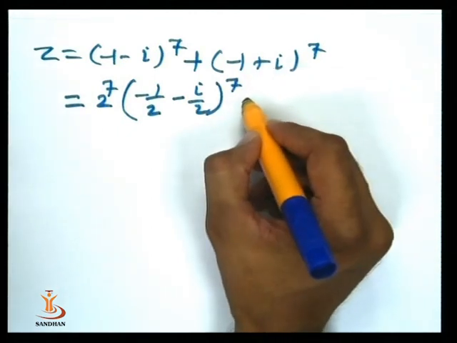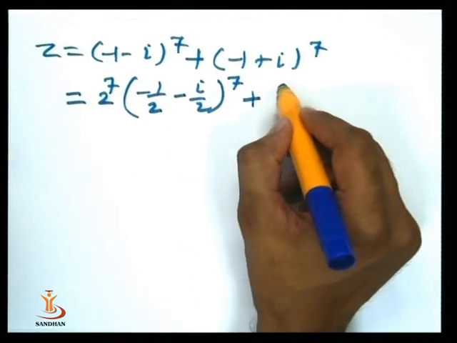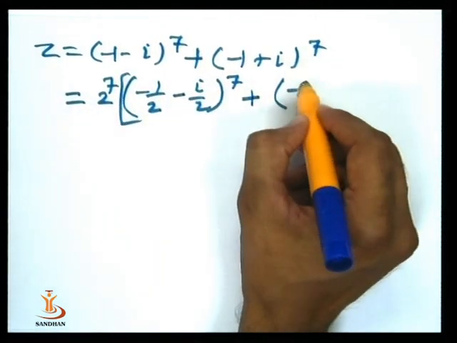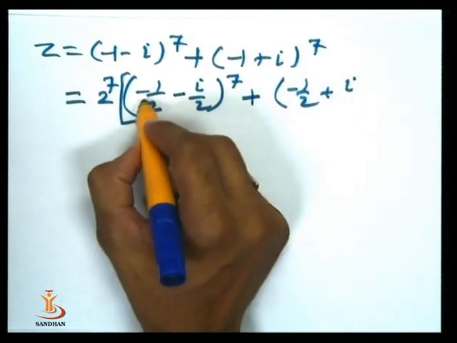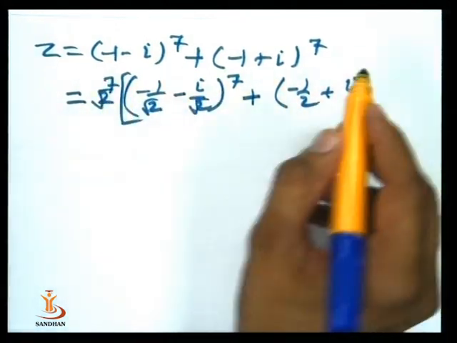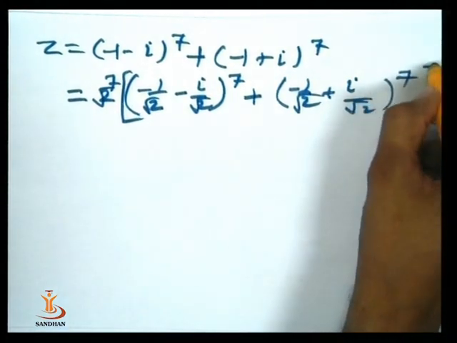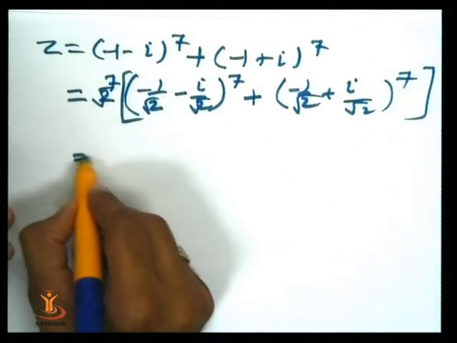and this is nothing but root 2 raised to 7 times minus 1 upon root 2 plus i upon root 2. Now this is minus 1 upon root 2.